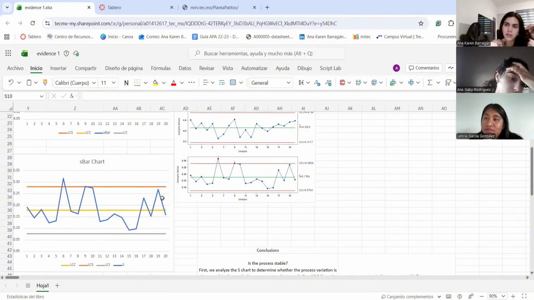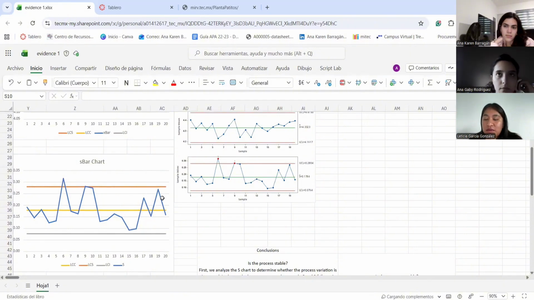PP and PPK show the real performance, including any variation over time of this data, and I think the CPK shows the actual capability, considering the process and also the limits.